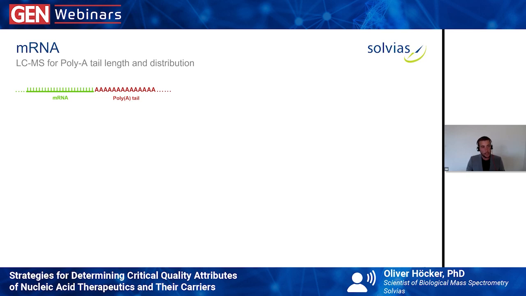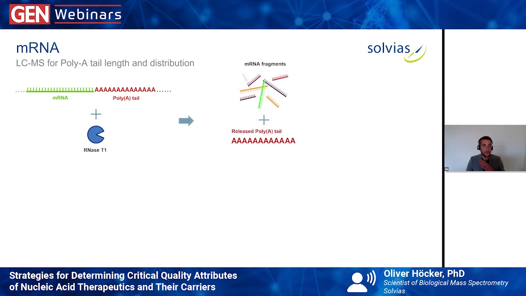And to assess this, we can do an RNase digestion that cuts the mRNA after each guanosine into fragments. But because it cuts after every G, the poly-A tail is untouched and is released intact.